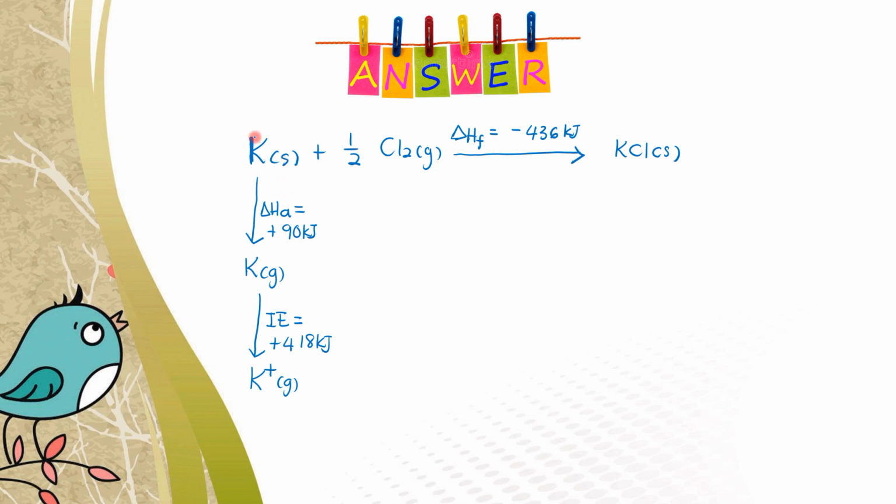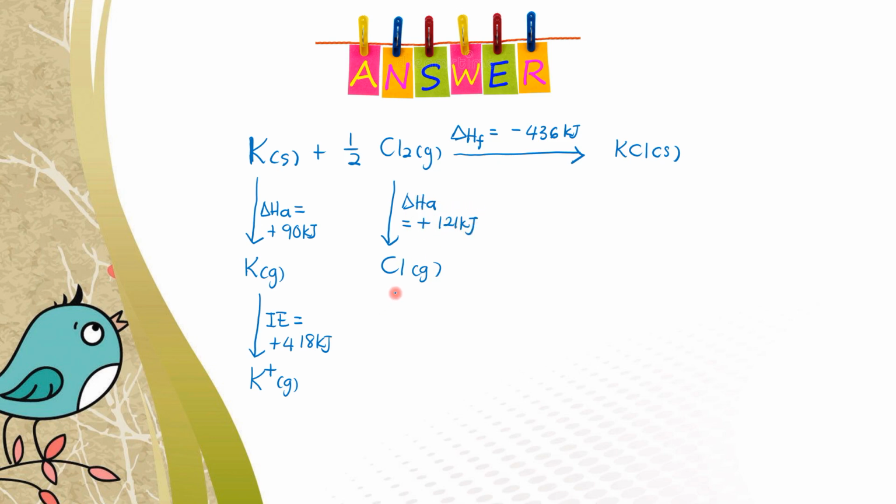So meaning that for the metal here, daripada solid ni sampai dia dapat ion. And then for Cl2 gas, first of all, it undergoes atomization. Molecule, dia akan tukar jadi Cl gas. So the value here is positive 121 kilojoule.